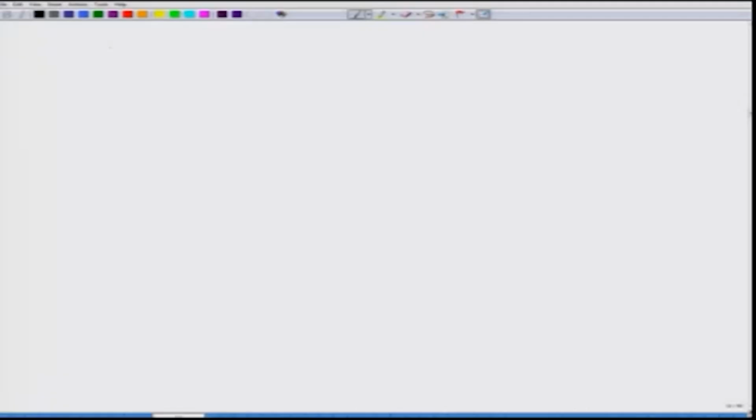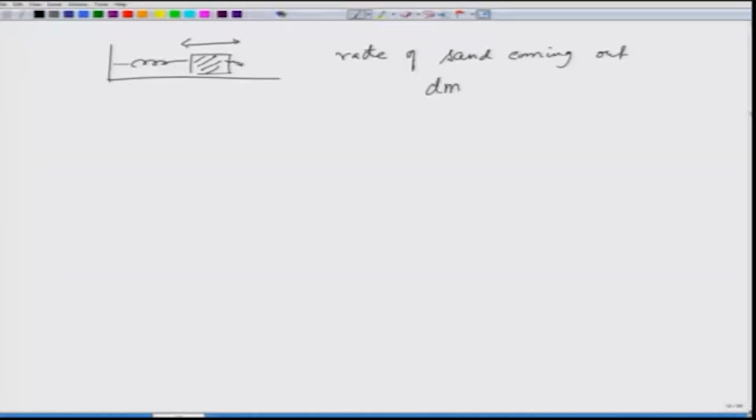So, let us see what is happening. As this spring mass system is oscillating, the sand is leaking out and the rate of sand coming out is dm/dt equal to minus c, where c is a constant. As the sand comes out, it takes away energy.